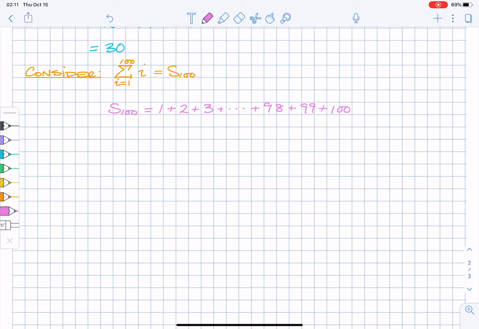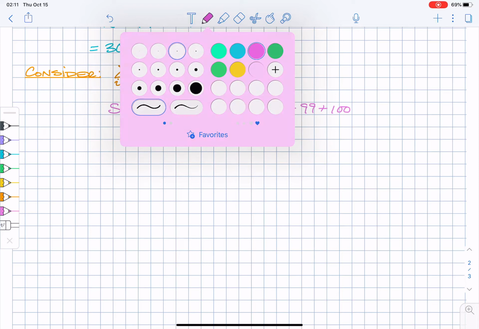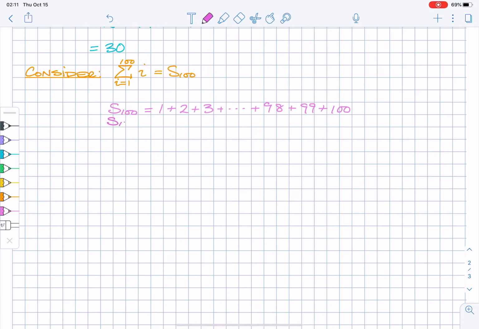But I also claim that the nth partial sum, S100, can be written as 100 plus 99 plus 98 plus dot dot dot plus 3 plus 2 plus 1, right? I can count backwards. Doesn't matter.